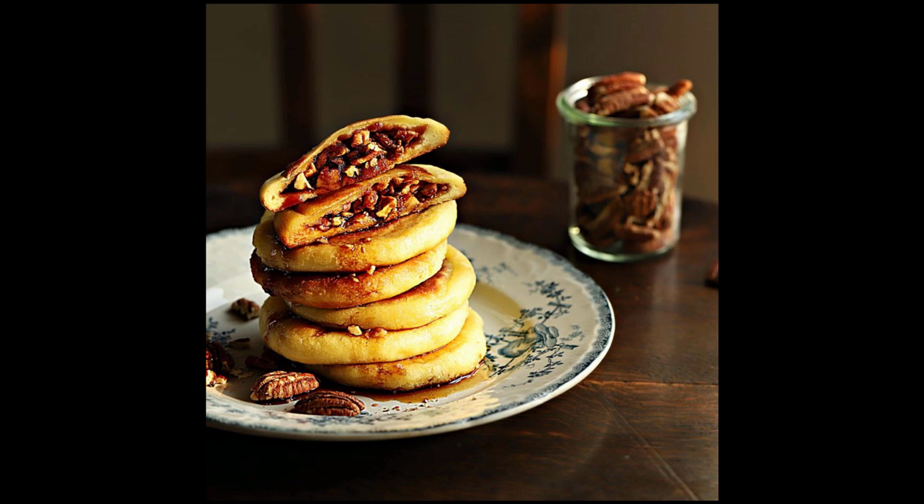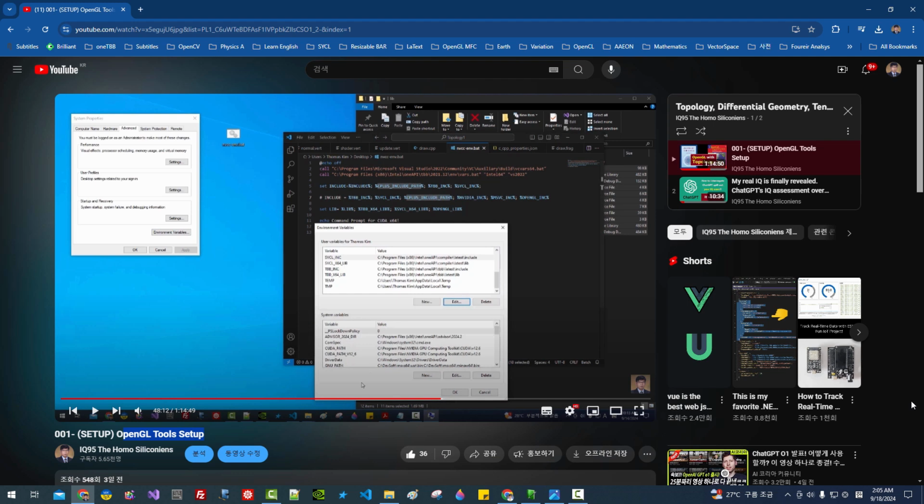Then, how can we test if our equations are correct or not? How? That's simple. We do experiment using OpenGL. By doing experiment, we can test if our intuition is correct or not.